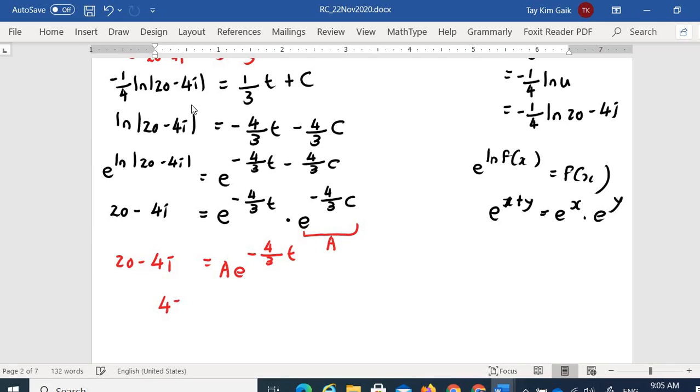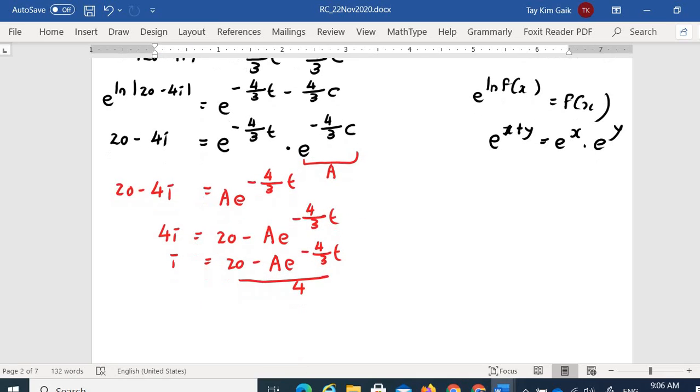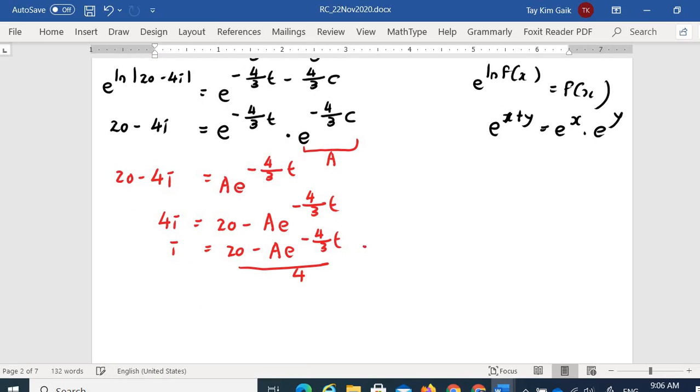First of all, 4i is 20 minus a exponent negative 4 over 3 t. So the i will be 20 minus a exponent negative 4 over 3 t, divided by 4. And this is the general solution.